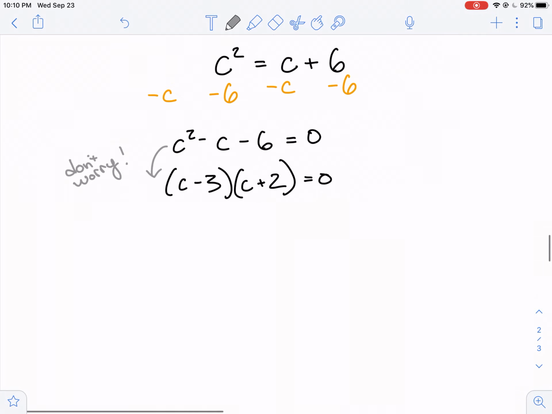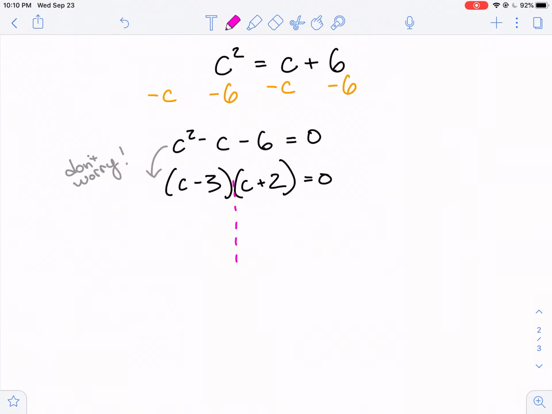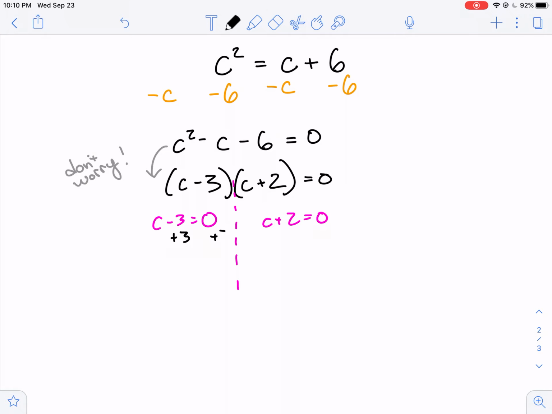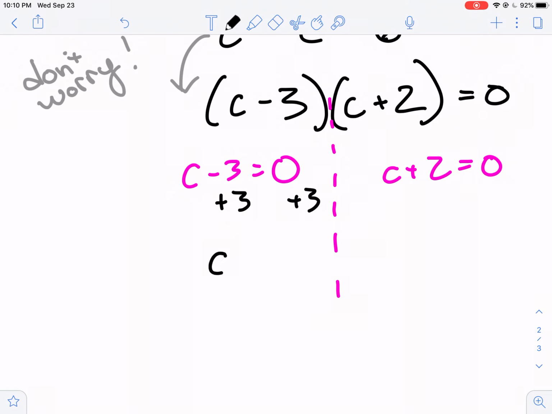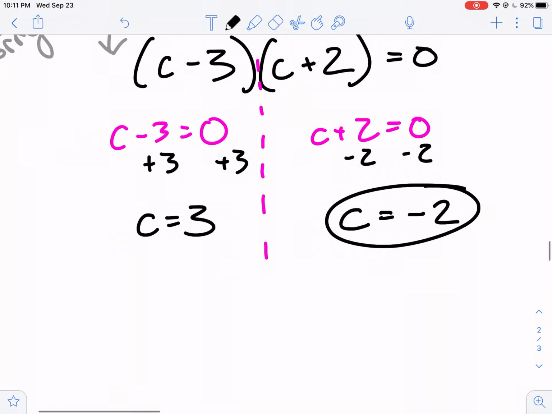What we end up doing here is we split this up and say, okay, C minus 3 equals 0 and C plus 2 equals 0. Then we can solve from there by adding 3 to both sides of the first equation, and subtracting 2 on the other. So we get either C equals 3, or C equals negative 2. So we actually have two solutions to this equation.